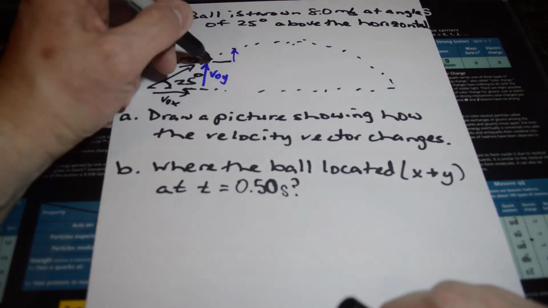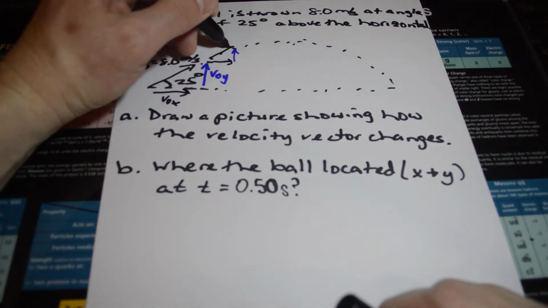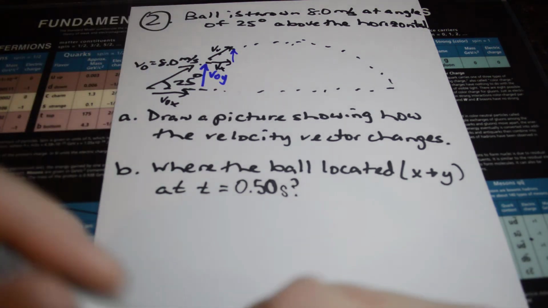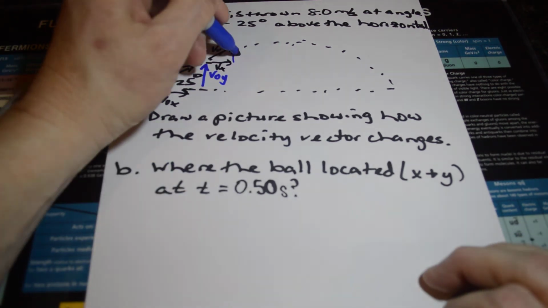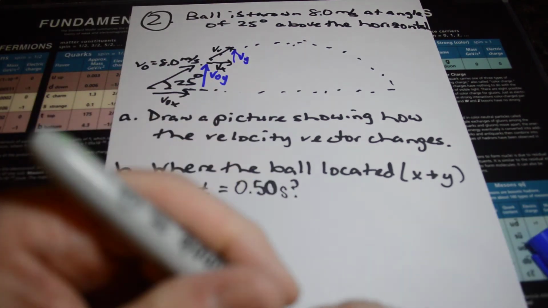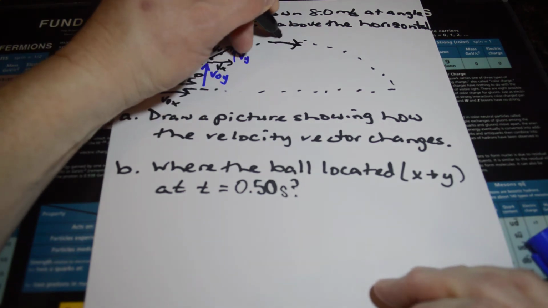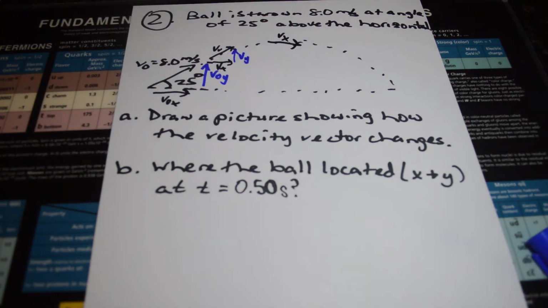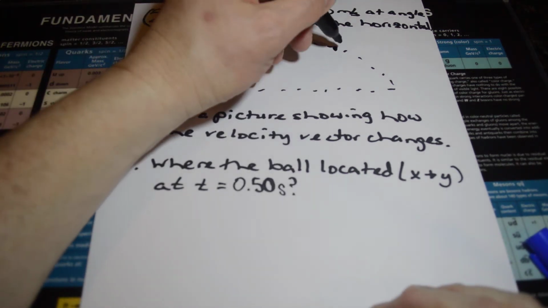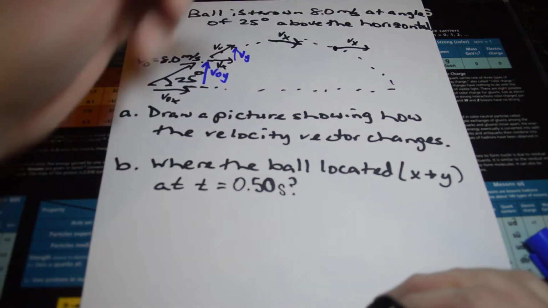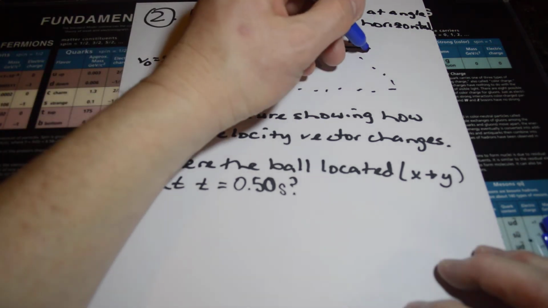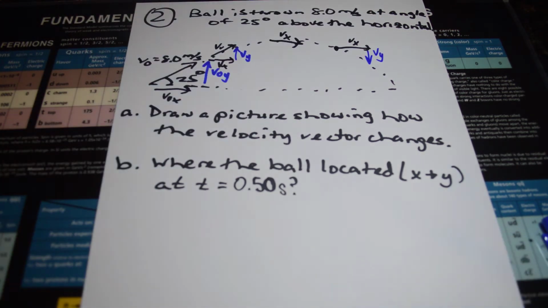Still got the same x component, but the overall velocity has been reduced. At the top, it's got just an x velocity, no y velocity. As it goes down, it again has the same x velocity, but has a small y velocity, but it's downward.